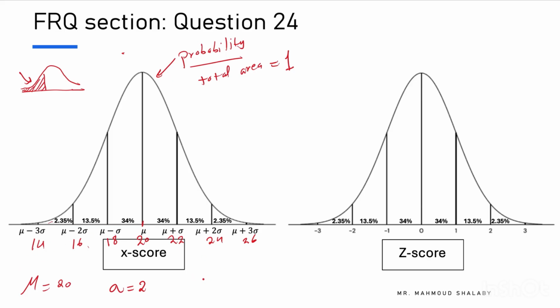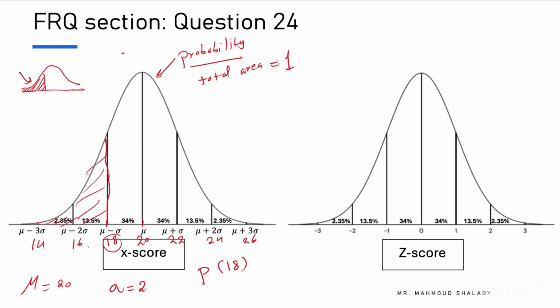Now let me ask you a question. What is the probability of 18 in this case? It's very obvious. I will go to the x value. X value means the raw data, the normal values, which is 18. I know that 18 is standing on this line here, which means I will find the area on the left side of the curve.